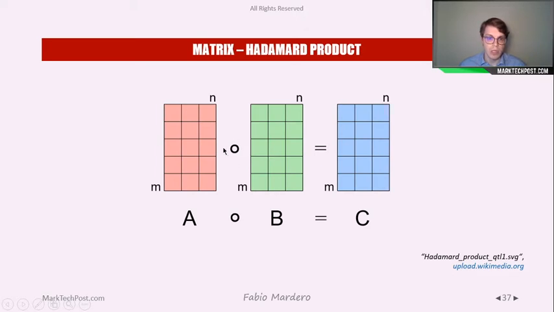Here we see the symbol for the Hadamard product.